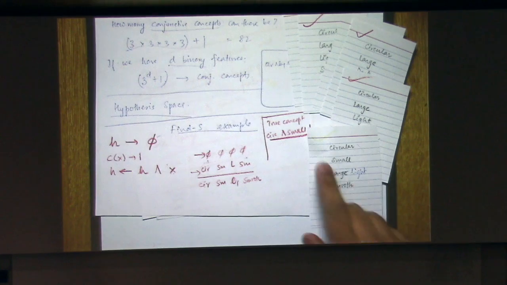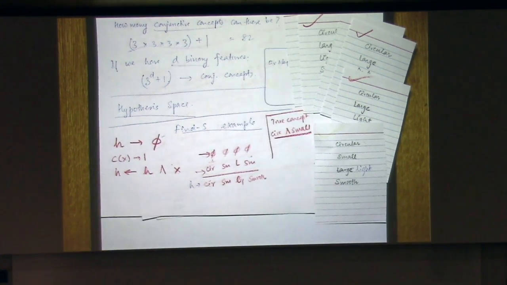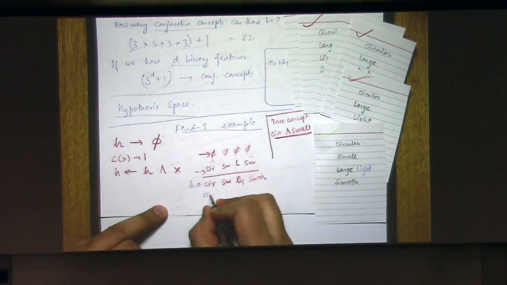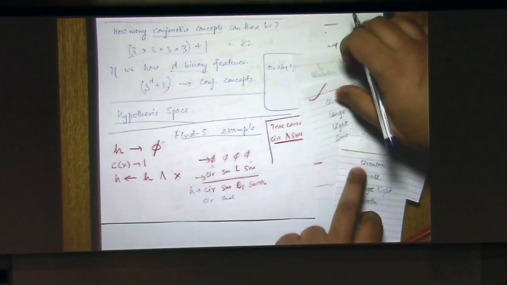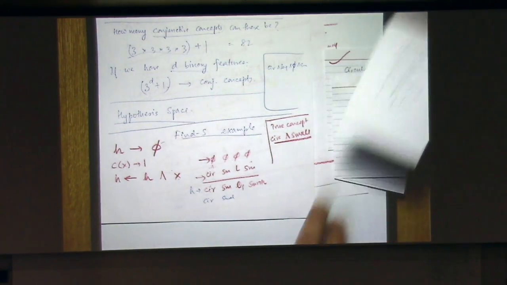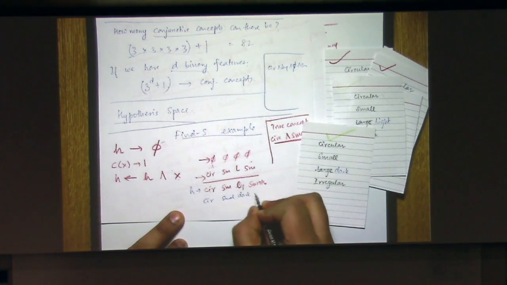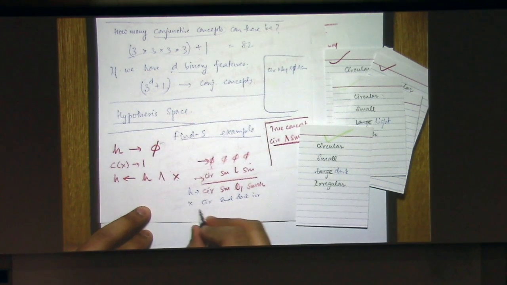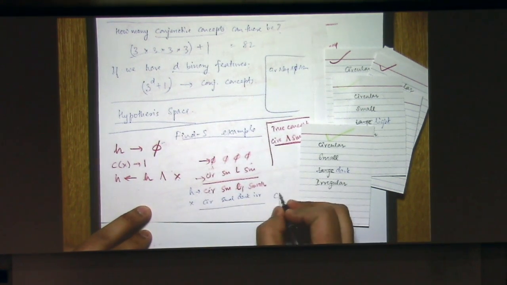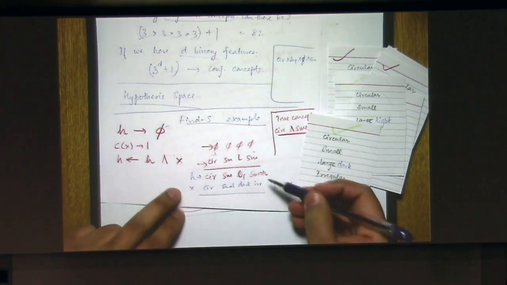Then this one comes. So now our H is this, and this one is circular, small, dark, and irregular. So this is our new X, and the C of X, of course, is 1. According to the algorithm, I'm going to do the pairwise AND.